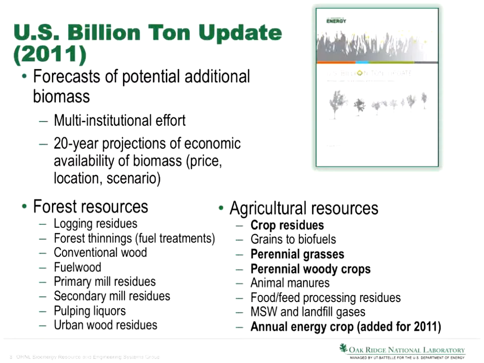So that was kind of the impetus for the 2011 billion ton update, where we emphasized forecasting the economic availability of biomass supplies. In other words, not just how much can you get, but how much can you get at what price.